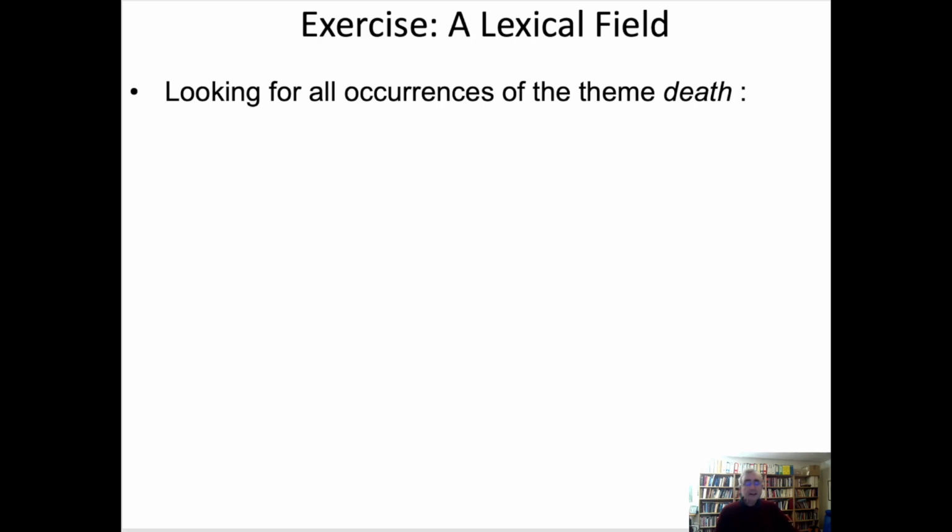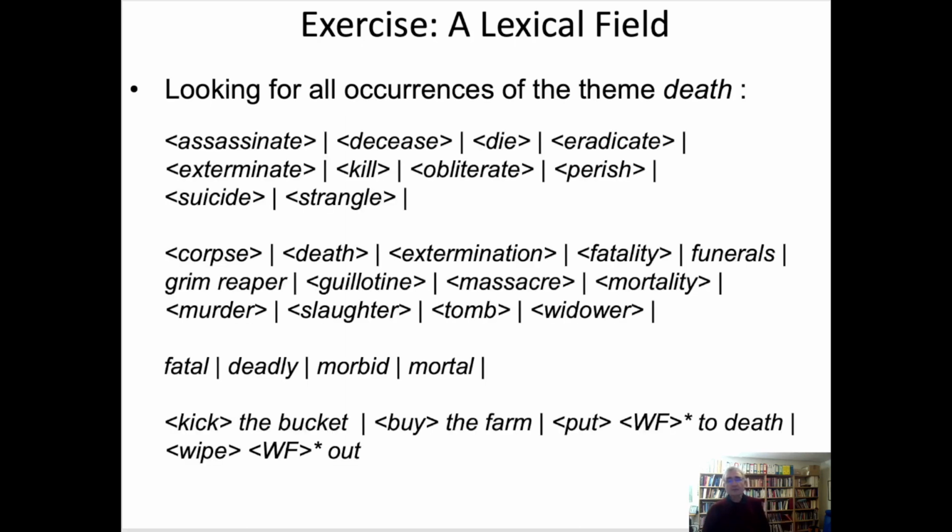So I have, for example, as an answer, this lexical field. So this will recognize all the conjugated forms of the verbs to assassinate, to decease, to die, eradicate, exterminate, kill, obliterate, perish, strangle, suicide. And also nouns such as corpse, death, extermination, fatality, funerals, grim reaper, guillotine, massacre, mortality, widower, slaughter.